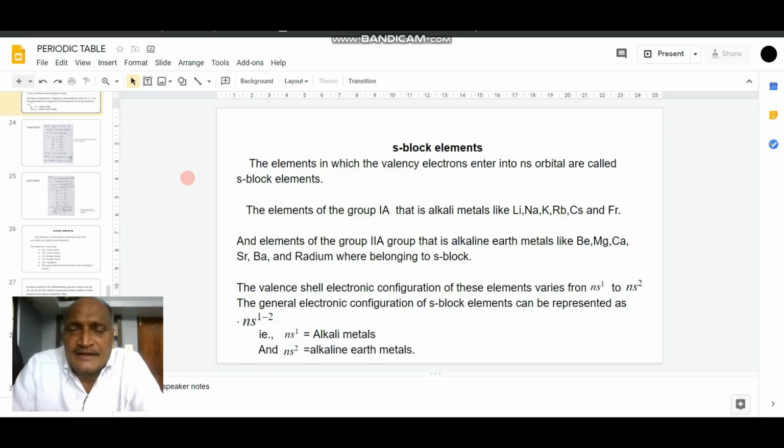If it is in the form of ns1, it corresponds to the configuration of alkali metals, and if it is ns2, it corresponds to the configuration of alkaline earth metals.